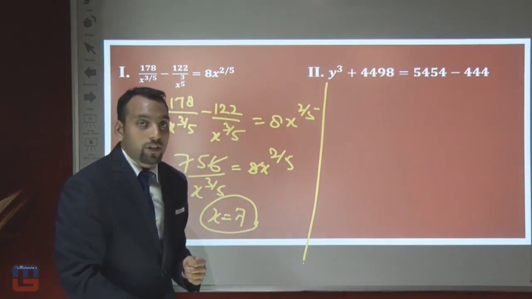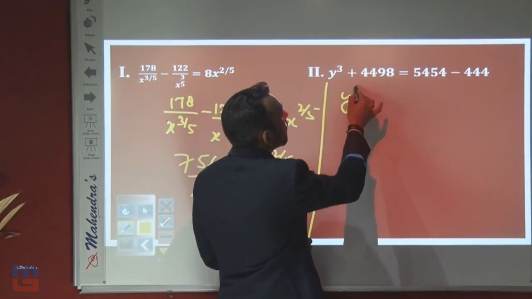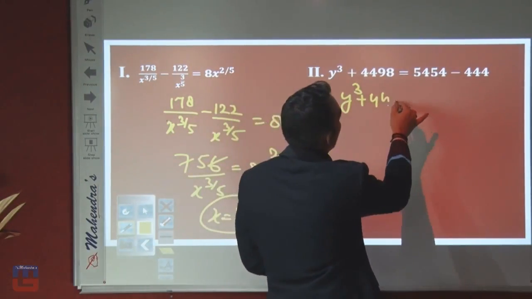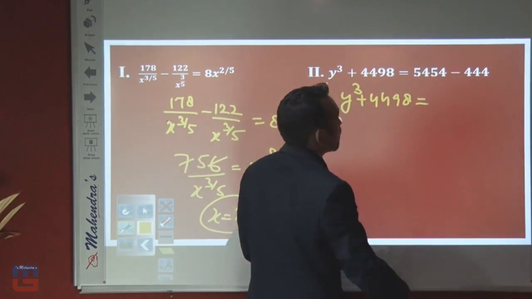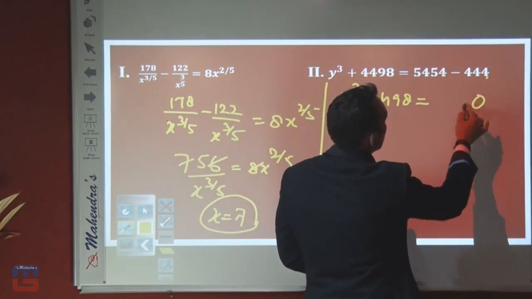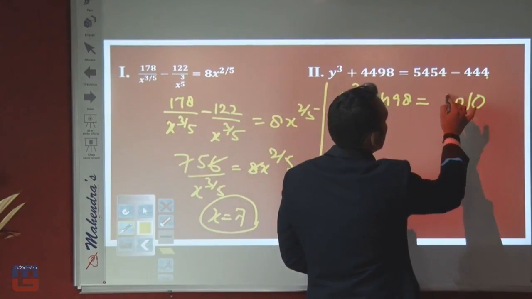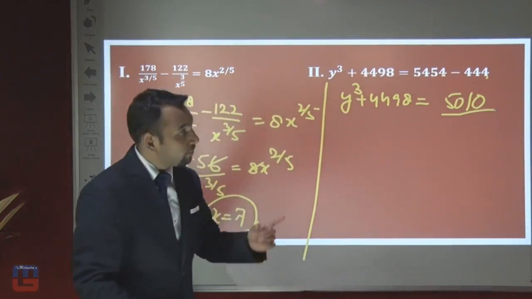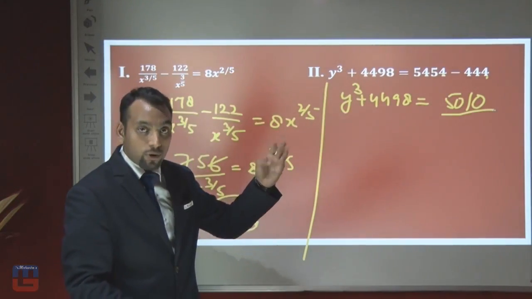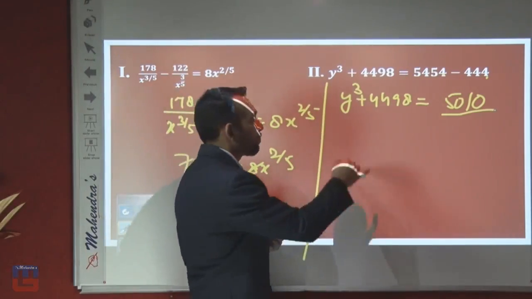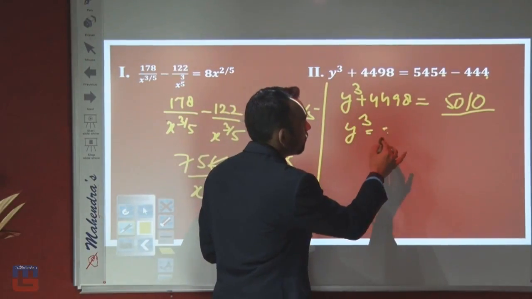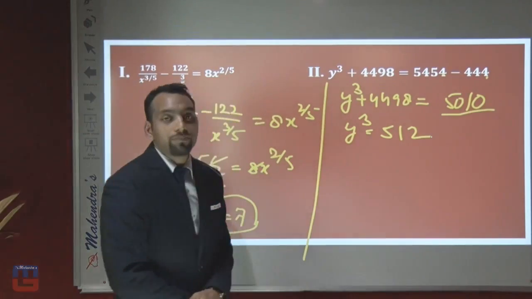Alright, now in the same way we will solve the next equation as well. Now see, the next equation here: y cube plus 4498 will be equal to 5010. If you subtract 4498 from 5010, you will get 512.